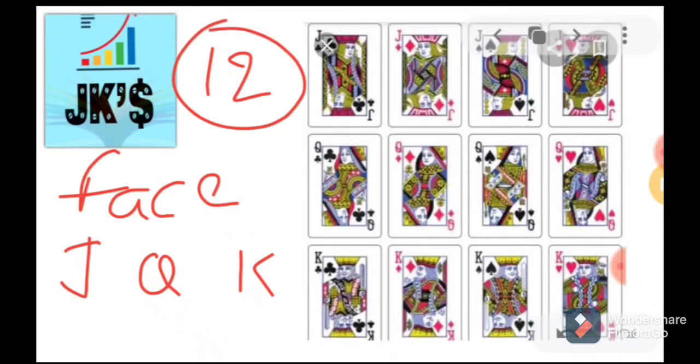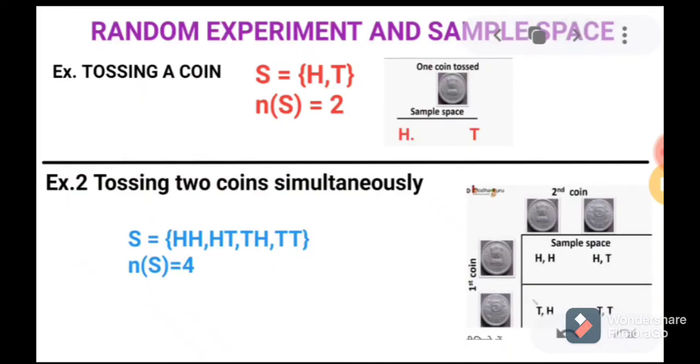Now the random experiment and sample space. When we toss a coin, the sample space is either head or tail. There are 2 elements in this sample space, so the number of sample points is 2.